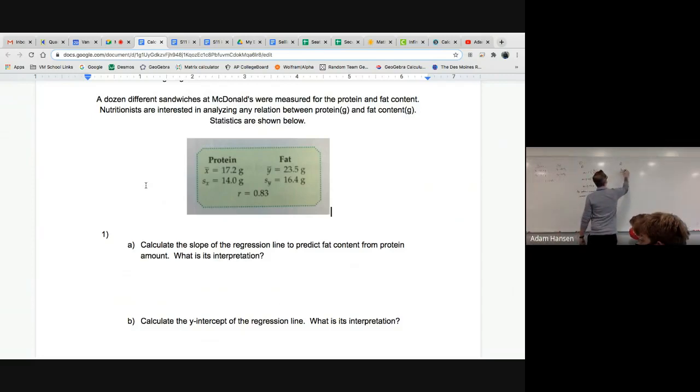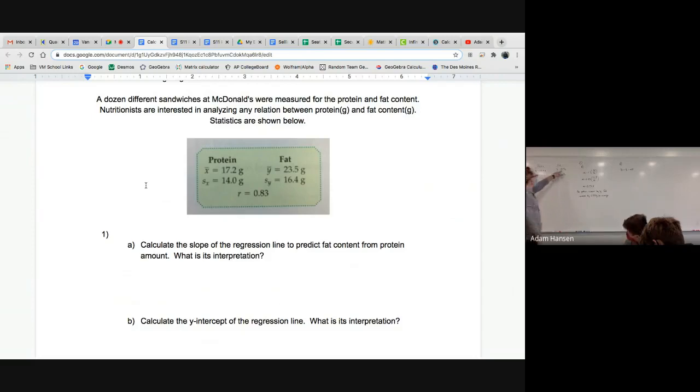Our B y-intercept value is y bar minus the slope m times x bar. So since B is defined in terms of the slope, I have to find the slope before I can find the y-intercept. That's why we did part A first. Every trend line goes through x bar comma y bar. So I know it has to pass through this point. Using the given slope, I can find the y-intercept like they explained in the video.